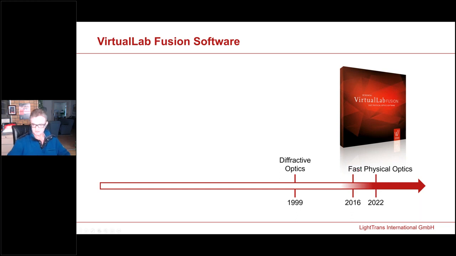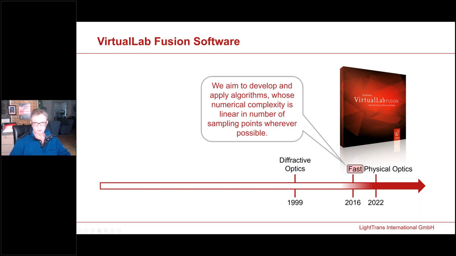And the term fast is related to what you also call fast Fourier transform, to be, if possible, linear in the number of sampling points. So when we talk about fast physical optics, it means we aim, whenever possible, to get a numerical complexity linear in the number of sampling points. That's the reason for calling it fast physical optics, with clear reference to fast Fourier transform.